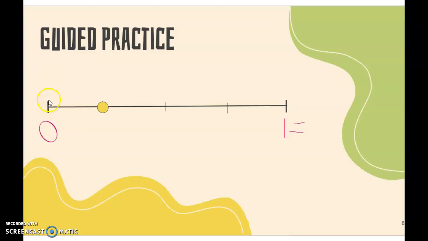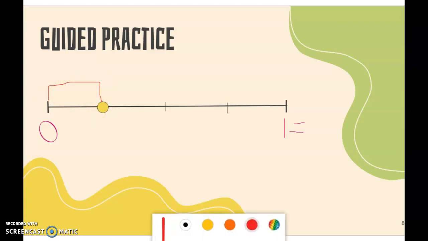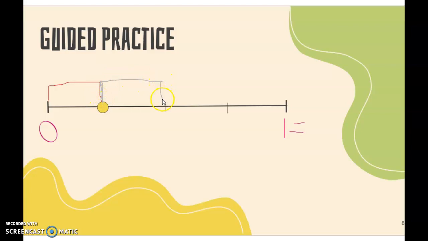So from point 0 to my first marker on the number line, that represents 1/4 of my model or my number line. From this first point to my midway point represents another fractional part of my number line.